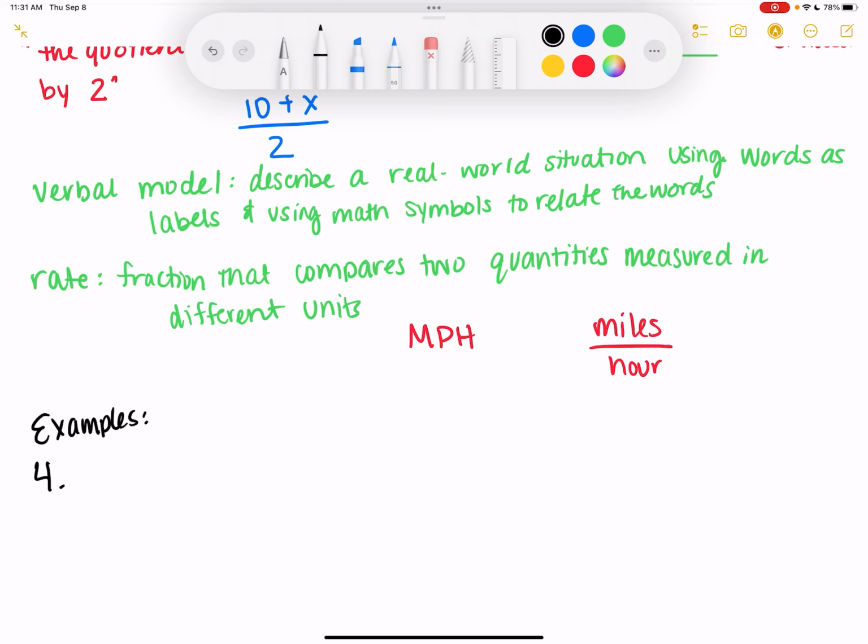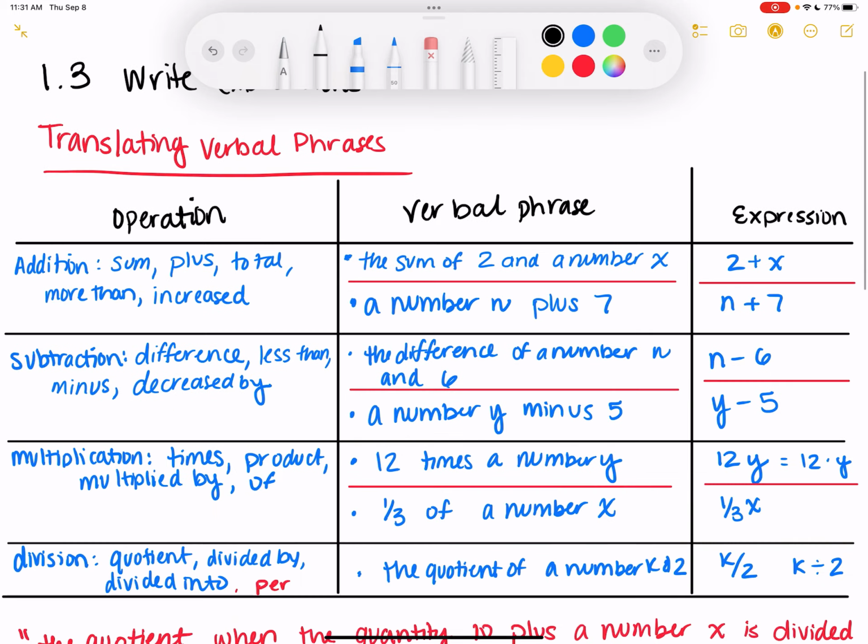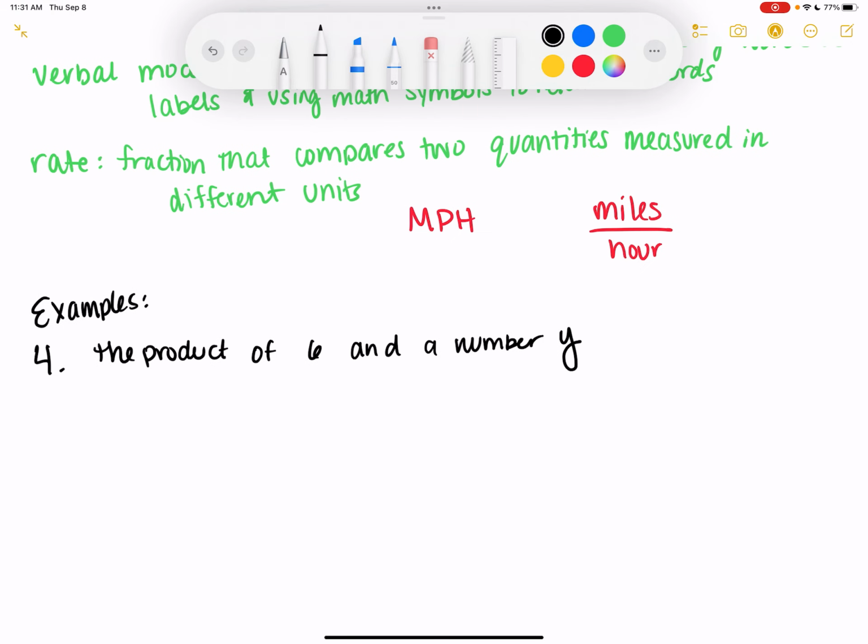So 4 says the product of 6 and a number y. So which of our 4 operations am I using in this one?